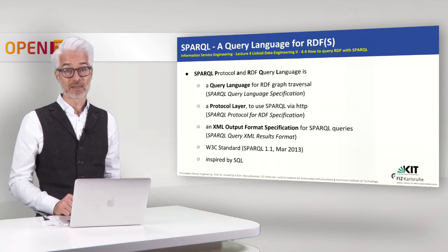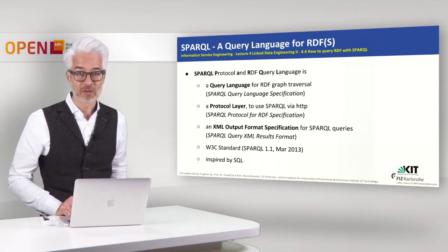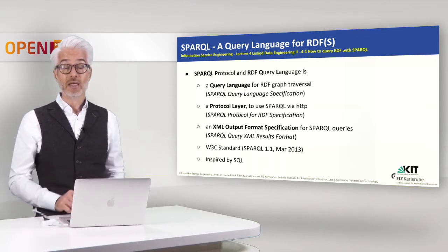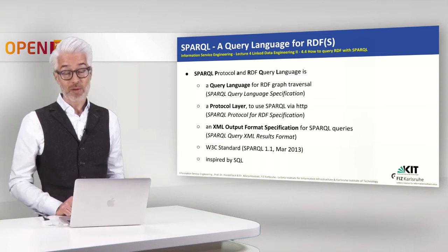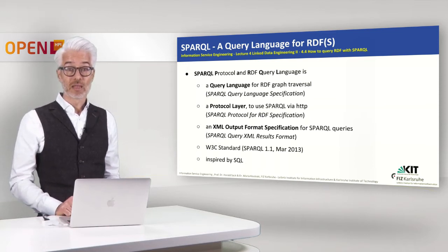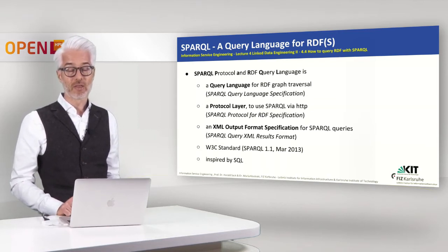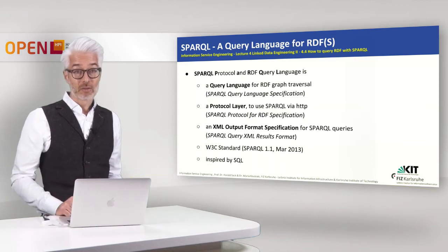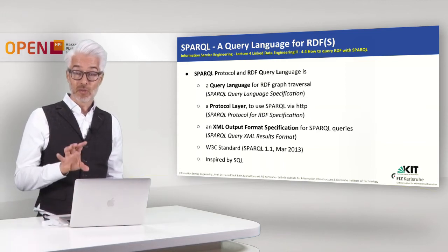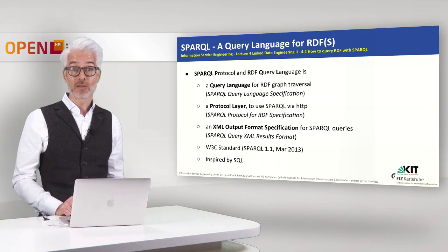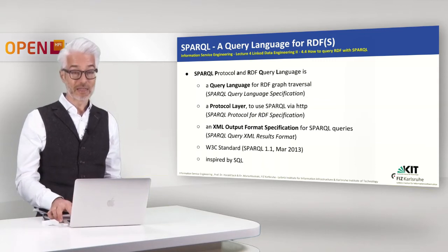So this then is the XML output format specification for the SPARQL query language. And all of that is put together in a W3C web standard. And now we have SPARQL 1.1, and this standard has been published in March 2013. And like I already told you, the SPARQL query language is inspired by the SQL query language for relational databases.